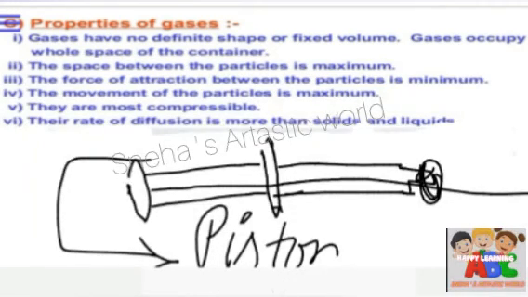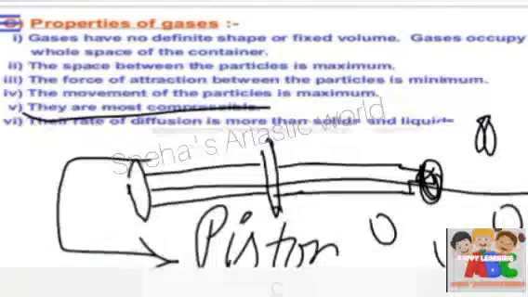Yes, you can do this activity and easily understand, which means they are most compressible. Their rate of diffusion is more than solid and liquid, because the particles of gas are very far from each other. So the diffusion is more.